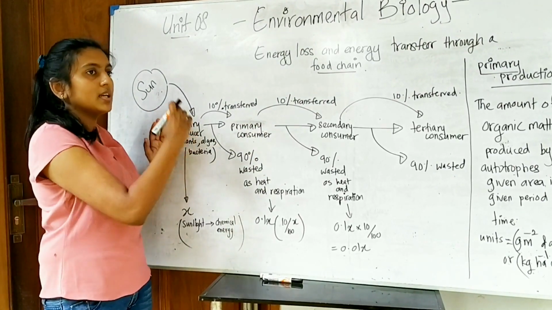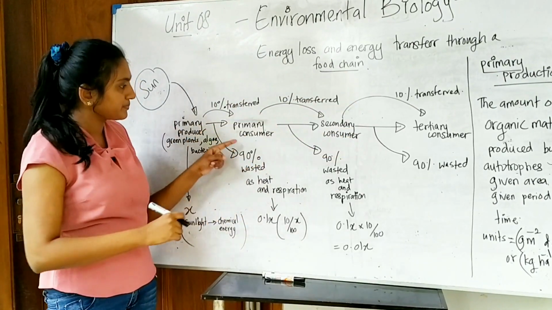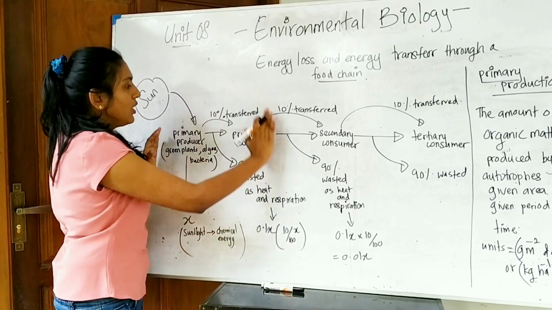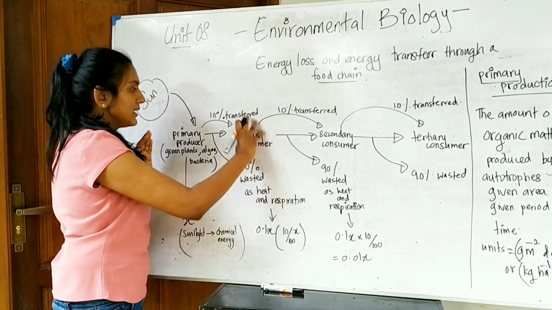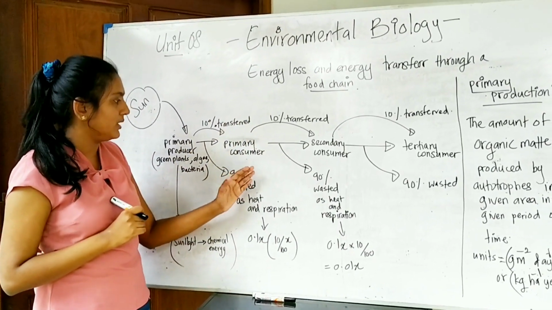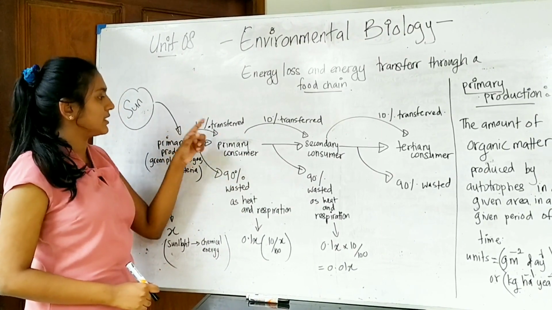So whatever is stored in the tissues will be transferred to the next trophic level. Now the 10% of the energy that was fixed is within the primary consumer since it ate the primary producer.